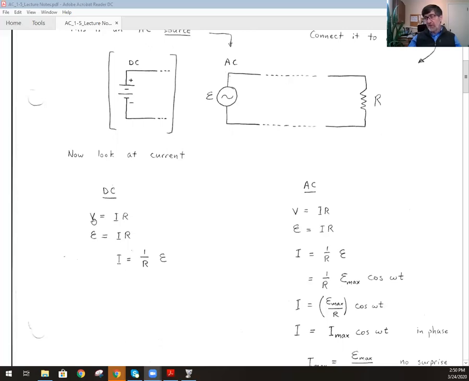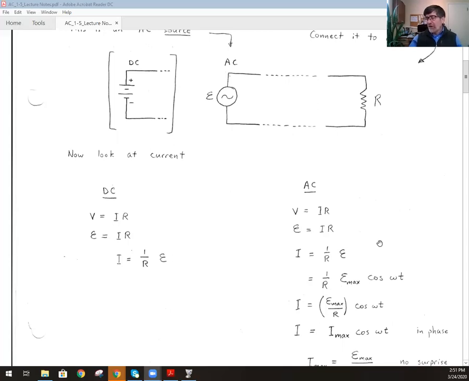You could talk about EMF, and we talk about the EMF of a battery. That's the voltage, the pure voltage that it's trying to produce apart from its internal resistance. That is often called the EMF of the battery. So the EMF of the battery equals the current times the resistance. And if you want to solve for current, you just get 1 over R times the EMF of the battery, the voltage of the battery.